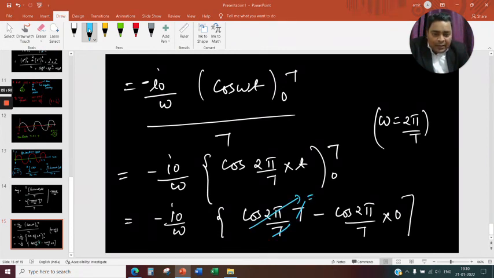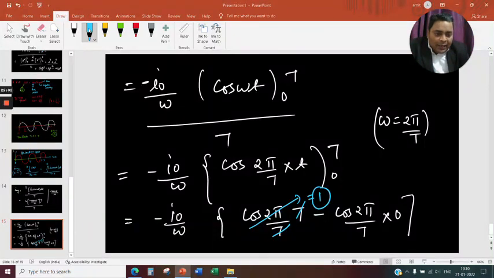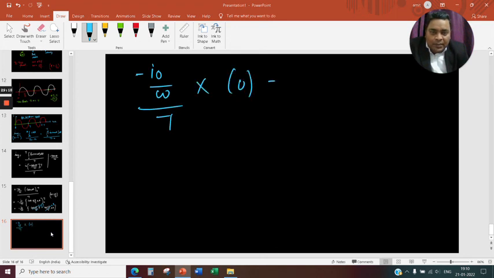That is equal to 1. Now see, cos 2 pi by T into 0, it is cos 0. Cos 0 is how much? That is equal to 1. Fine. So finally what we are getting here is minus I naught by omega multiplied by 0, meaning the complete value we are getting is 0 here.